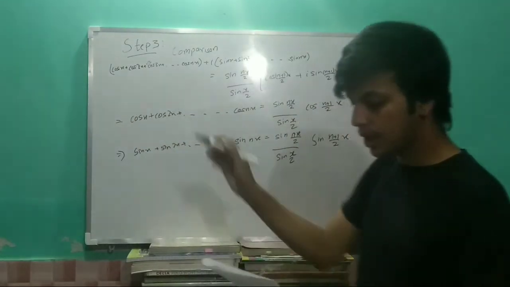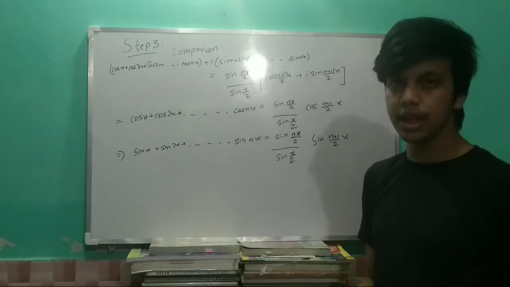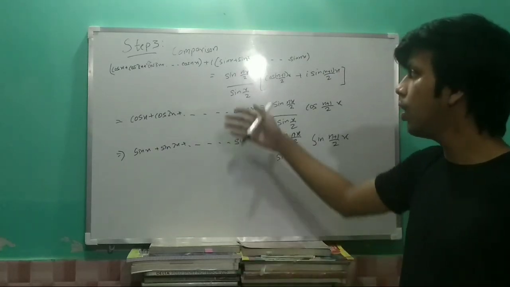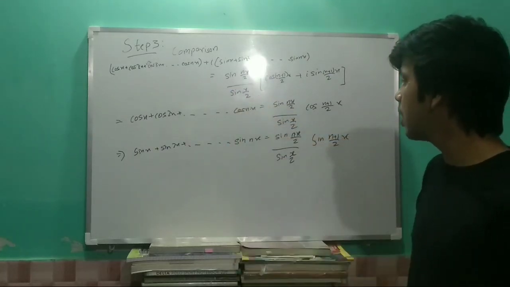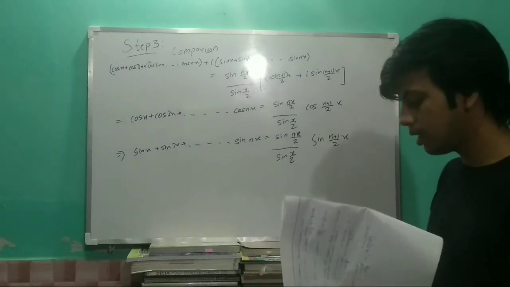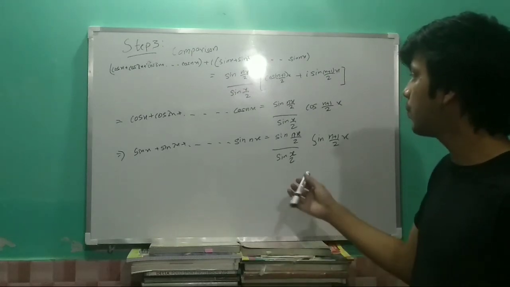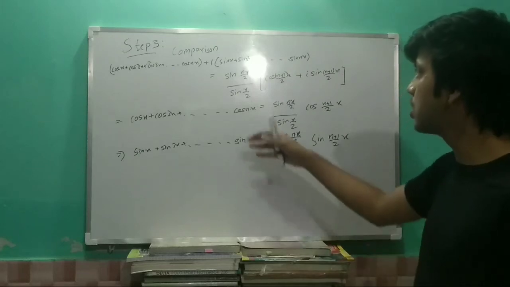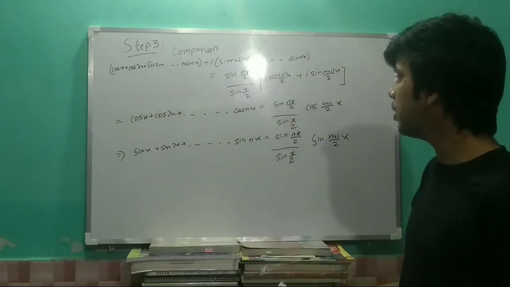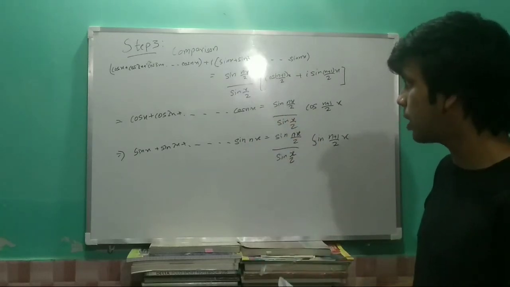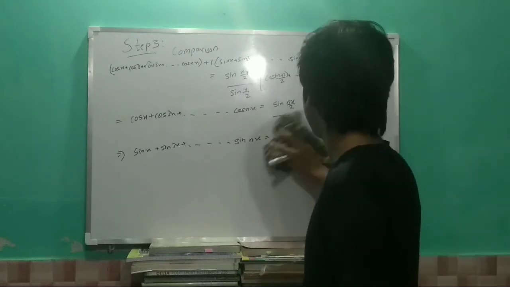So whenever an AP appears in the angle of trigonometric functions like sine and cos, we use this method to find the sum of these series. So based on this method, we have calculated some other formulas.